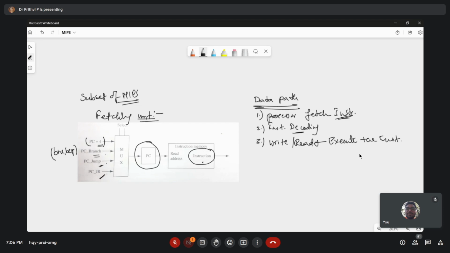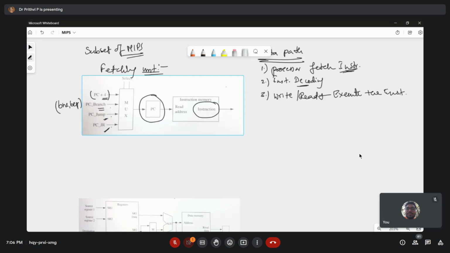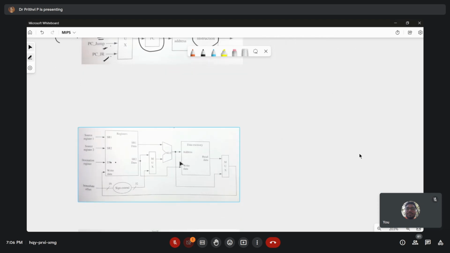Now this has to be given to the overall data path. I'll show the overall data path block diagram. See here, you can see three register addresses, where two are source registers and one is a destination register, and this data will be selected.